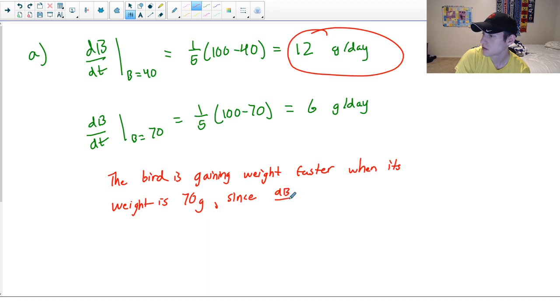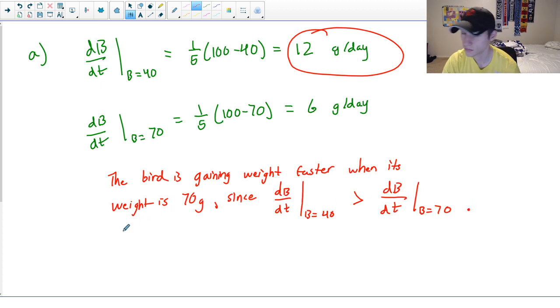Since the rate whenever the weight is 40 is greater than the rate whenever the weight is 70, it's gaining more whenever it's less weight.